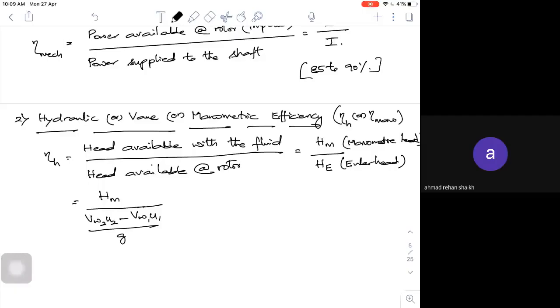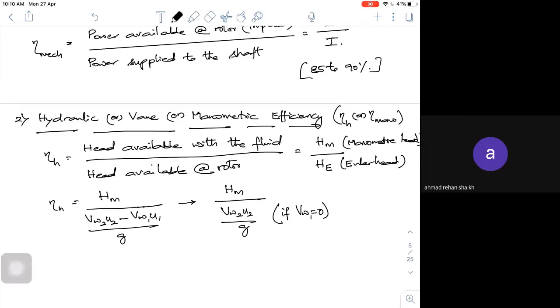If VW1 is equal to 0, that is, if my whirl velocity at the inlet is 0, then this becomes manometric head divided by VW2 into U2 by g. So this will be your equation. Or I can write Hm into g divided by VW2 into U2, if I take the denominator to the numerator. So that gives your hydraulic efficiency.